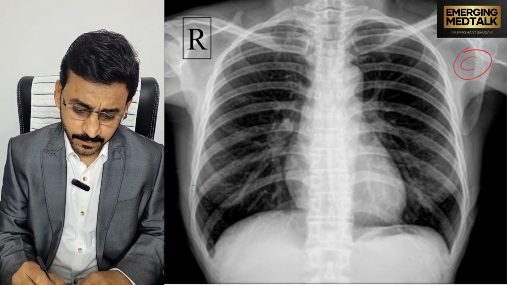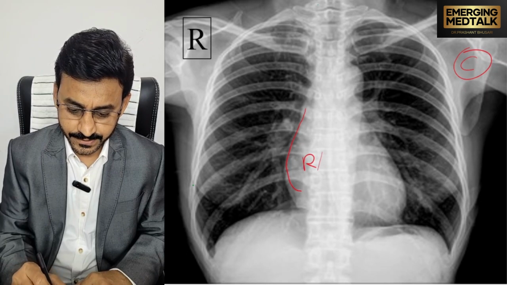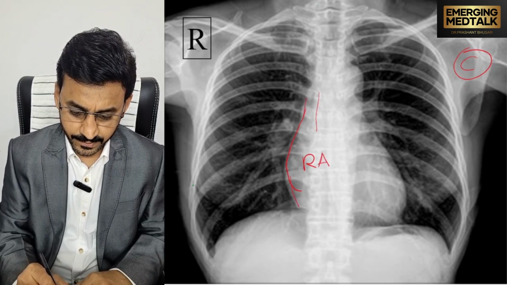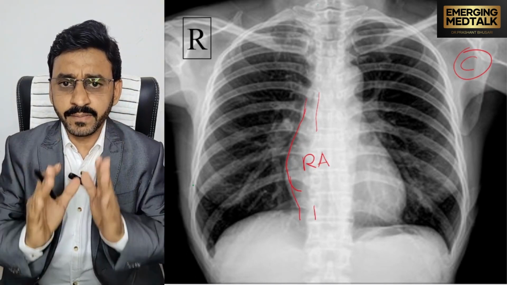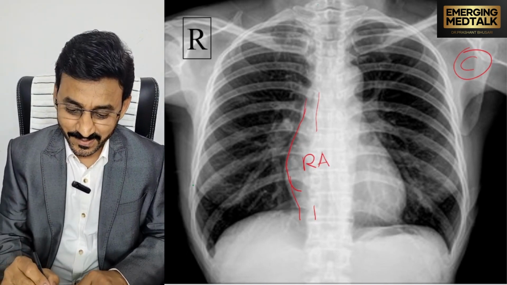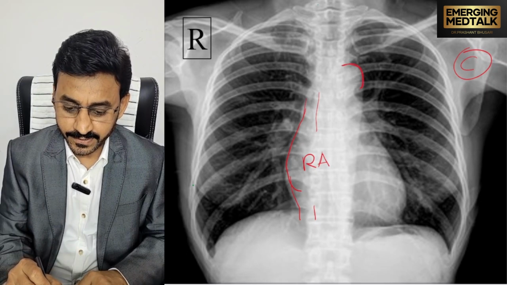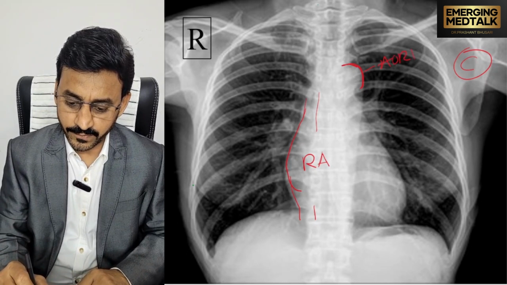The major portion of the right cardiac border is formed by the right atrium, with some portion above by the superior vena cava and below by the inferior vena cava. On the left side, a very important prominence we can see at this level is the aortic knuckle.